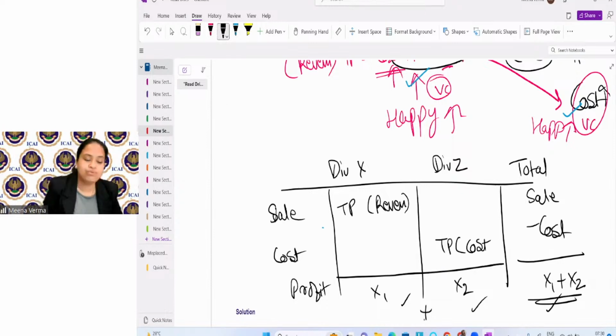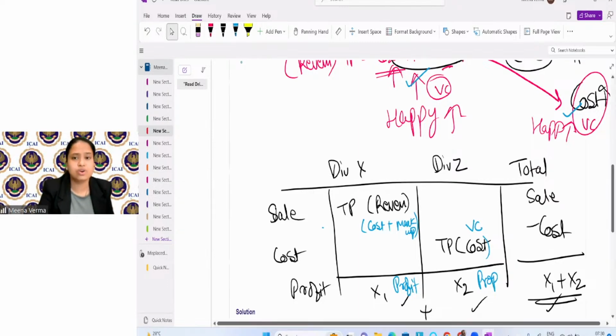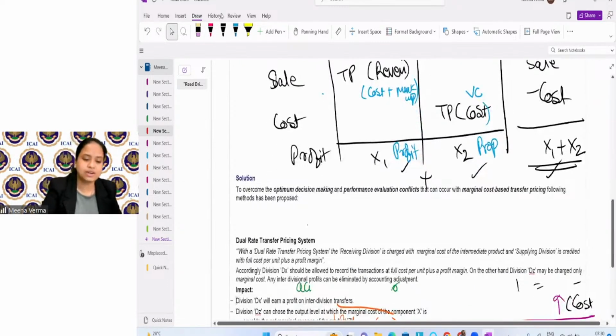But when you consider that the transfer price here will be cost plus markup, and here the transfer price will be only the variable cost, what will happen? The profit coming here and the profit coming here, in this scenario, will not be equal.